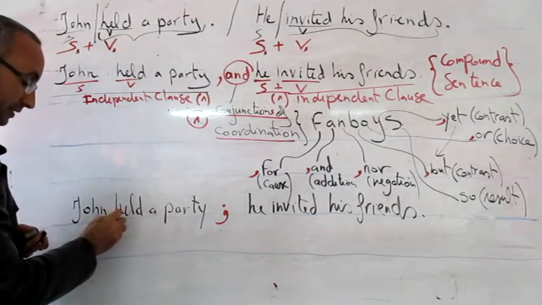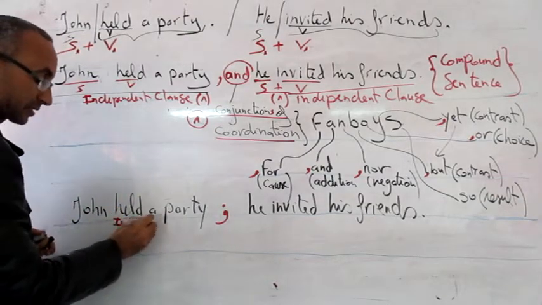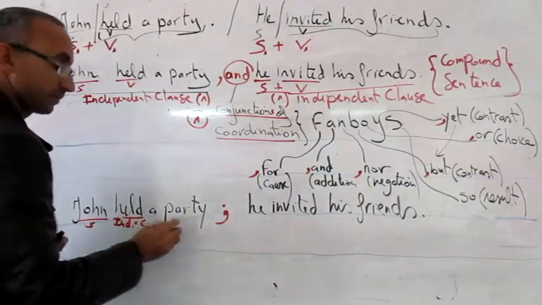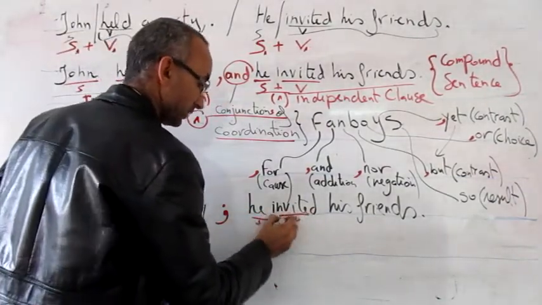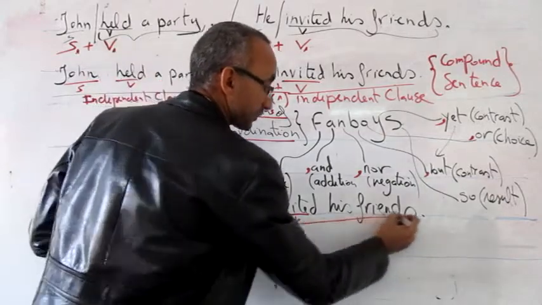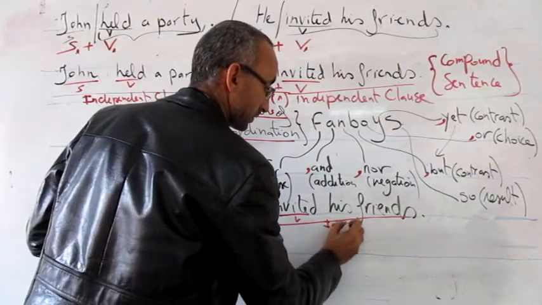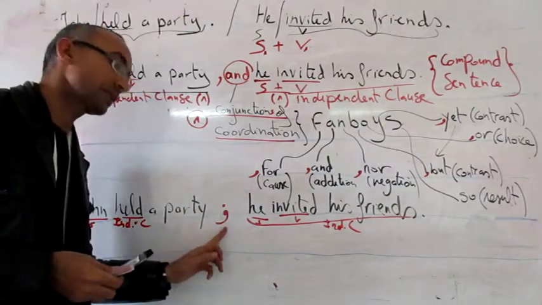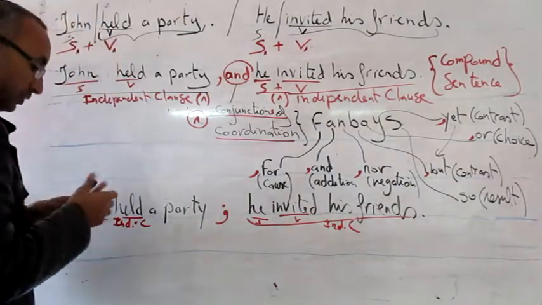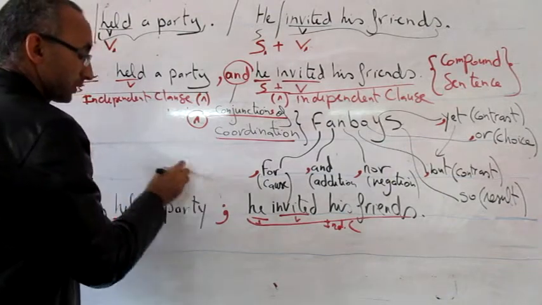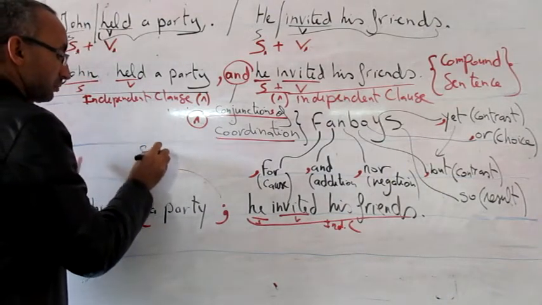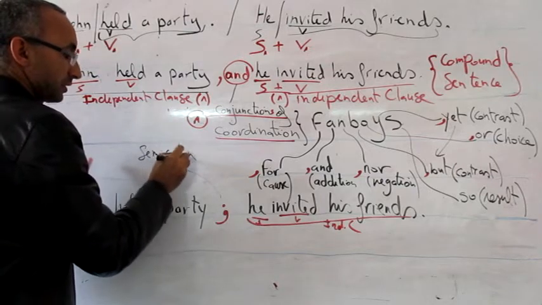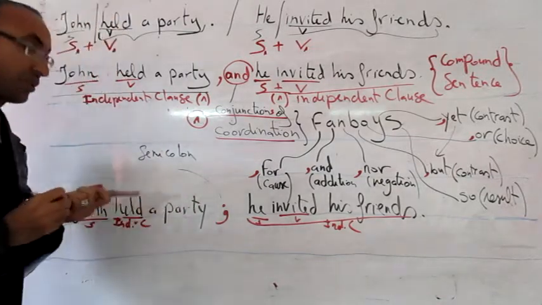Two always independent clauses, S plus always V and S plus always V. This one also is my independent clause using only punctuation, which is the semicolon.